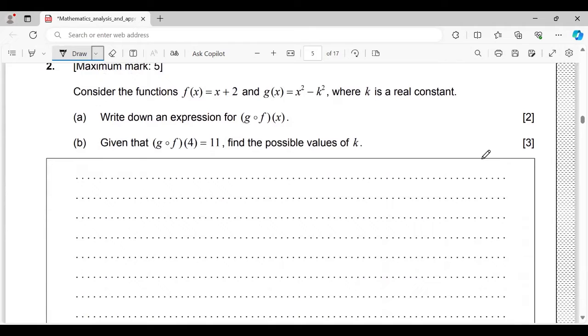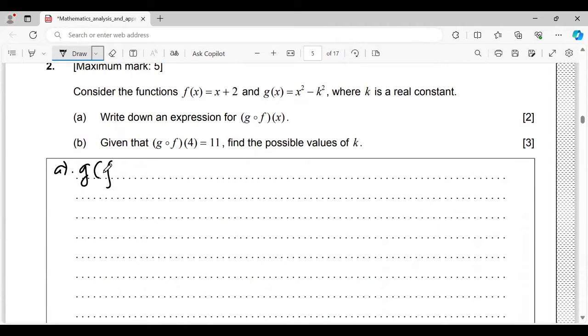Consider the function f(x) equals x plus 2 and g(x) equals x squared minus k squared, where k is a real constant. Write down an expression for g composition f(x).